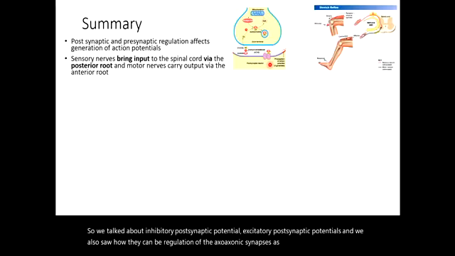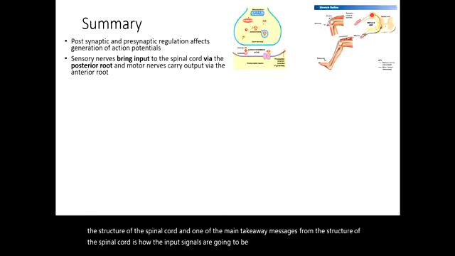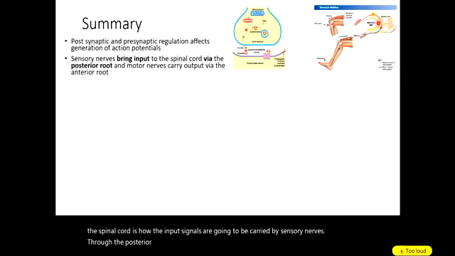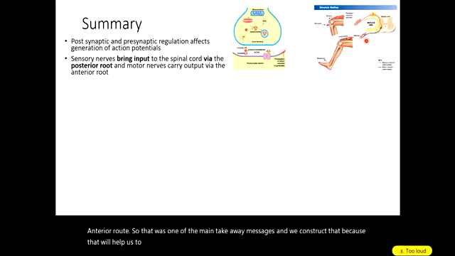After that, we looked at the structure of the spinal cord, and one of the main takeaway messages from the structure of the spinal cord is how the input signals are going to be carried by sensory nerves through the posterior root to the spinal cord, and then output signals are going to be carried by motor nerves through the anterior root. So that was one of the main takeaway messages, and we considered that because that will help us to understand how reflexes work.